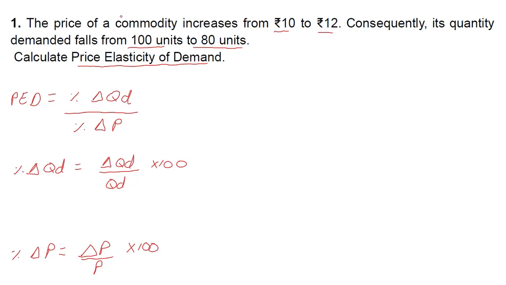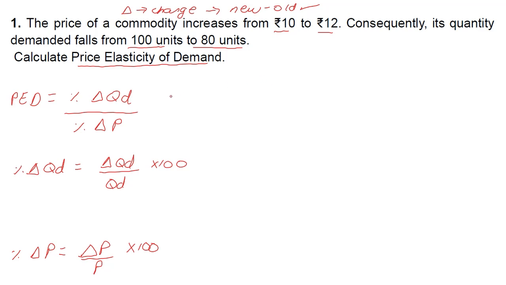Now, just remember, whenever we are writing this triangle, delta means change. It means change. And it is best if you are consistent across both quantity demanded and price. So we will calculate that as new minus old. Always remember it is going to be new minus old.